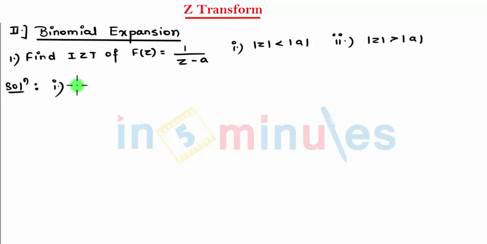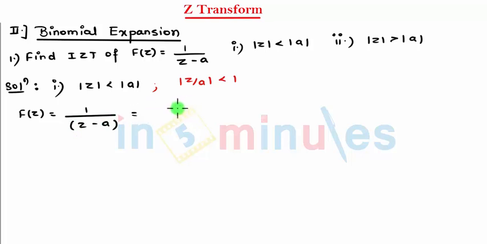So the first case is mod of z less than mod a, which we can write as mod of z by a less than 1. Now if z by a, that means a is getting divided, so we need to take a outside. What does that mean exactly? f of z is equal to 1 divided by z minus a.